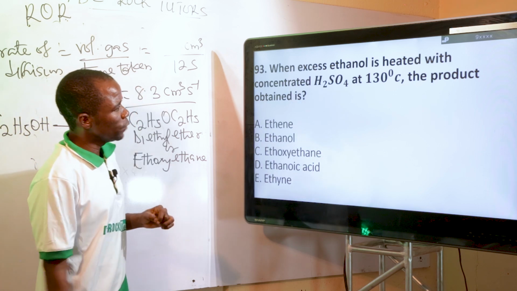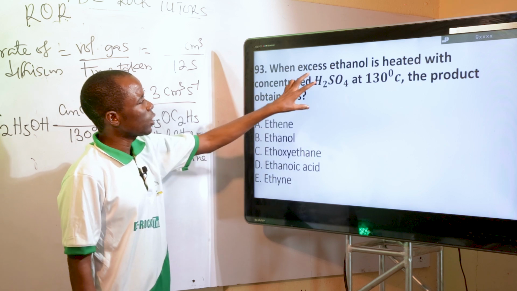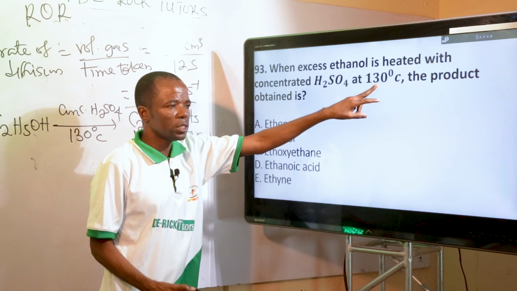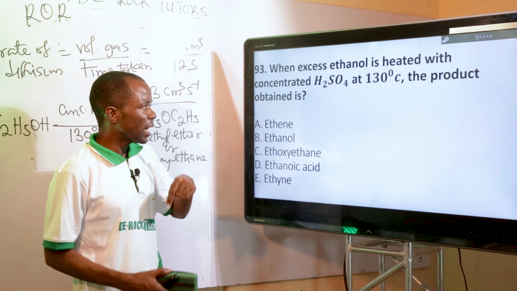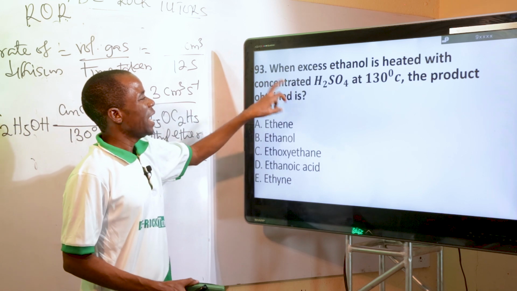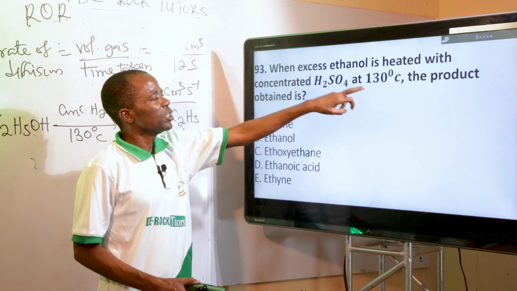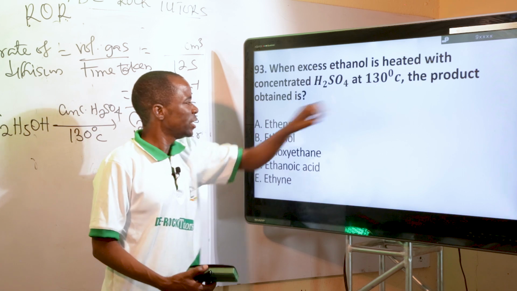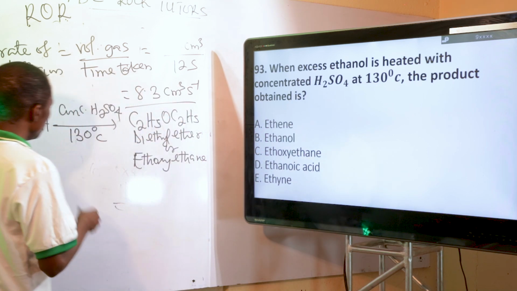Now, this can be confusing if you are not paying attention. If ethanol is in excess and the temperature is less than 160 degrees Celsius, it is an ether, ethoxyethane, that will be produced. On the other hand, if you are heating excess concentrated H2SO4 with ethanol at a temperature that is way higher than this, say 180 or 170, then the product obtained will have been ethene.